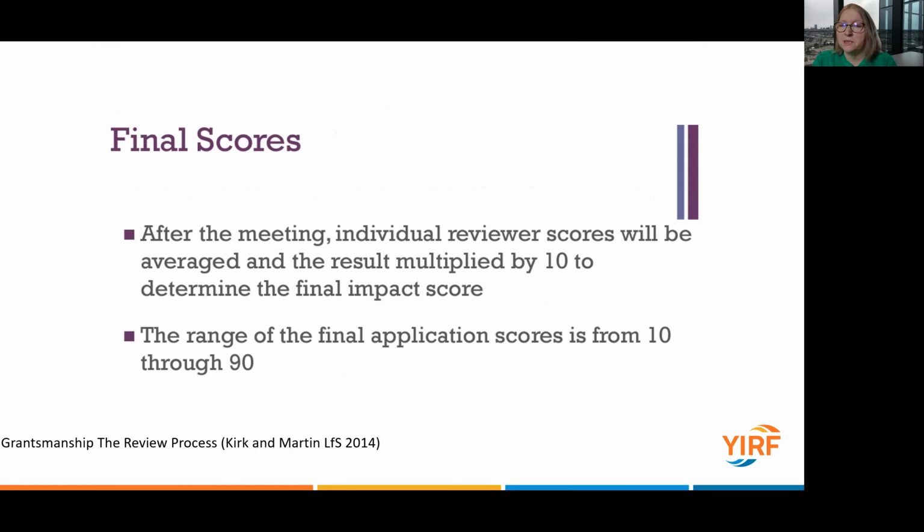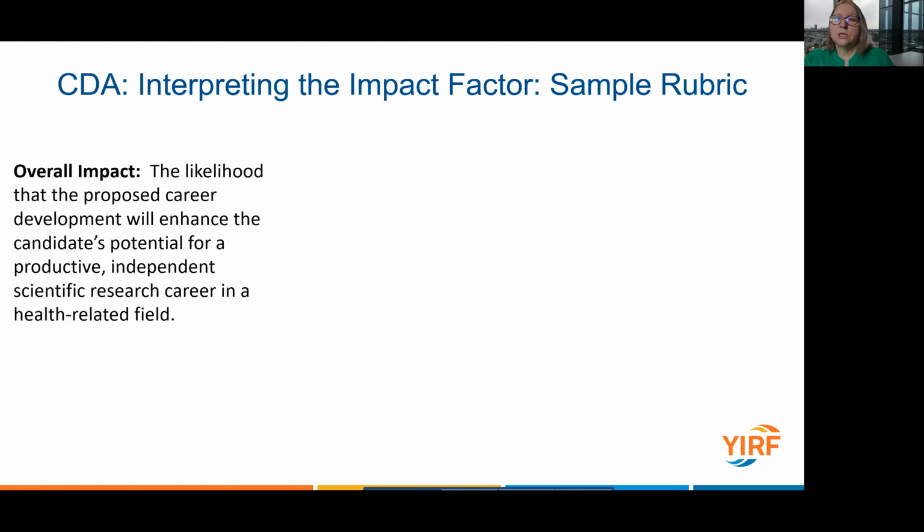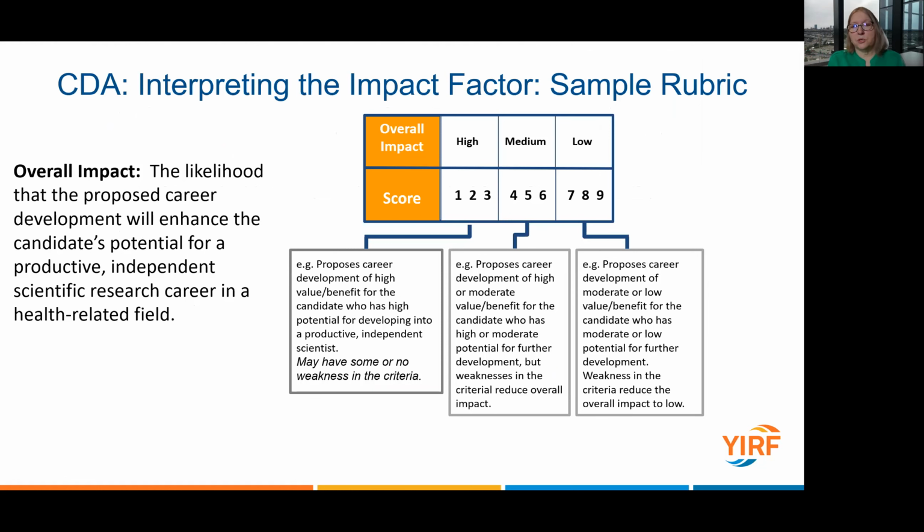So those 1 to 9s get multiplied by 10. And you may also get a percentile. So let's think about how to interpret this score. In general, you want those lowest numbers, and the lower the number, the better. Often the K awards are funded somewhere between 20 or 30 or less, depending on the institute.